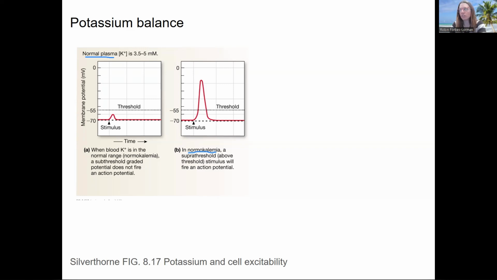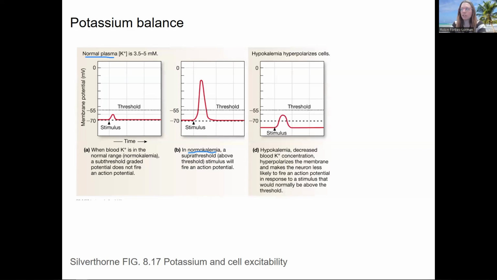So if we have altered potassium, you might not be surprised, we're going to have alteration of what this looks like. The first one I want to show you is hypokalemia. Hypo means low, right? And we're talking about low potassium in the blood. So here's our cell. Normally there's higher potassium inside the cell than outside. That's still true here, but levels outside the cell, that's where the blood is, are even lower than normal.